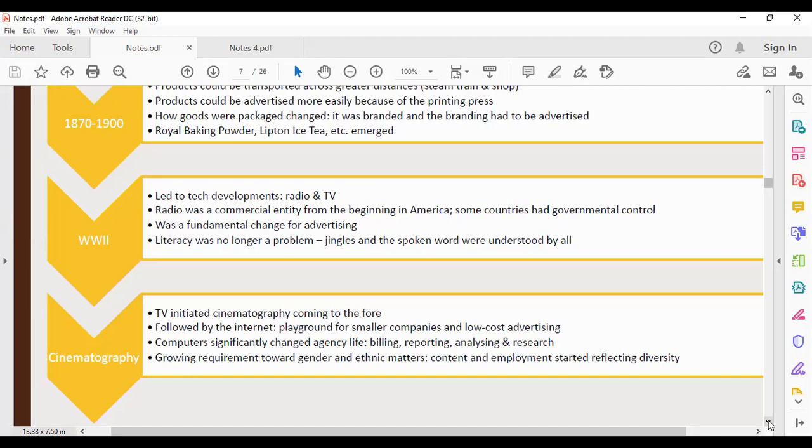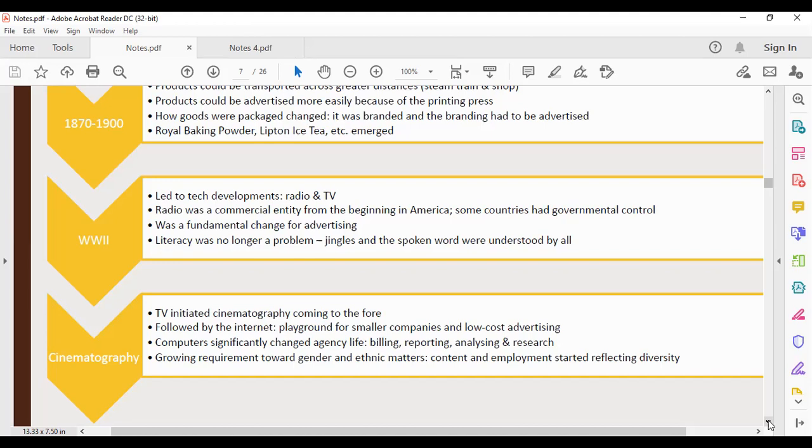It enabled even smaller companies with low budgets to advertise. Before the internet, advertisements were very expensive to place on radio or television. But with the advent of the internet, it created more of a fair ground where smaller companies could also come in and advertise.